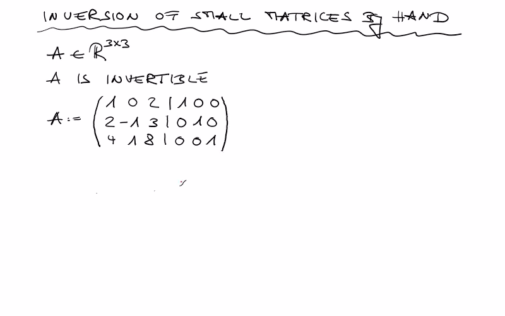Okay, so the first thing is that we write the identity matrix next to our matrix that we want to invert. So this is the matrix we want to invert. This is the identity matrix. And now we are allowed to do 3 things. 3 operations are allowed. First operation allowed is exchange rows.